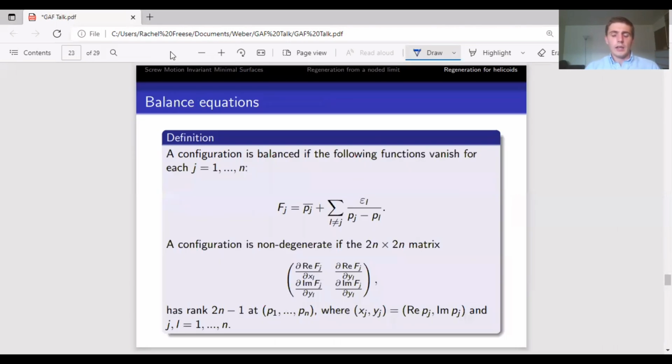Okay. And like I said, if you go to the limit, you end up with equations in terms of the points. So here are the equations that we end up with.